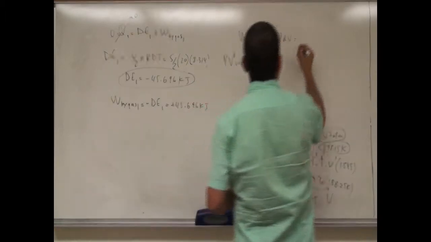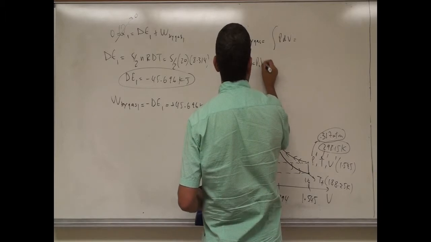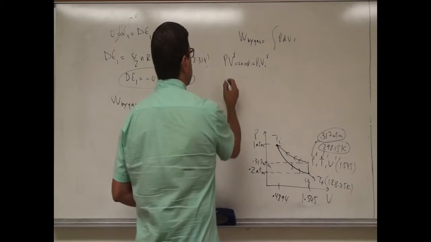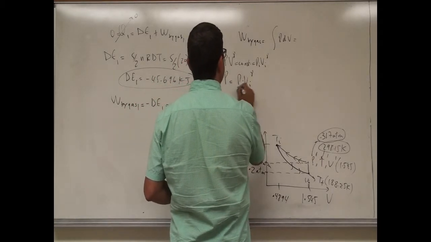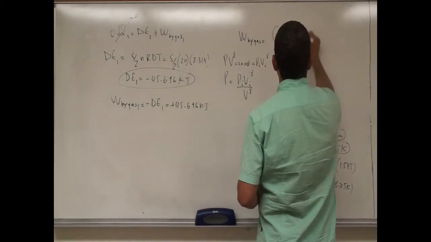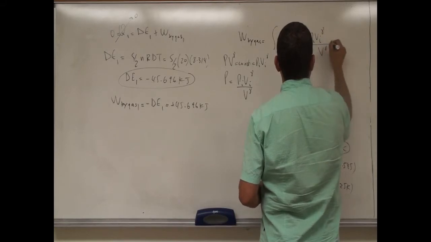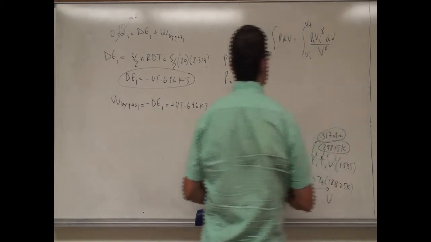So the constant is just whatever the P initial was times the V initial to the power gamma. So the general equation for P is P initial, V initial to the gamma over V to the gamma. So this is the integral of P initial, V initial to the gamma over V to the gamma dV from V initial to V final, right?